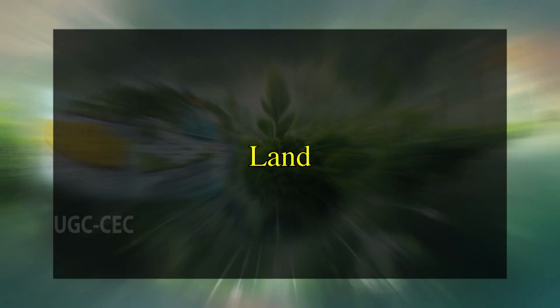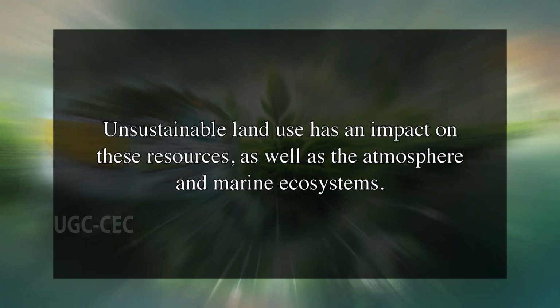Talking about land: in addition to actual area and topography, land also refers to the natural resources found there, such as water, mineral deposits, soil, and populations of flora and fauna. Unsustainable land use has an impact on these resources as well as the atmosphere and the marine ecosystems.